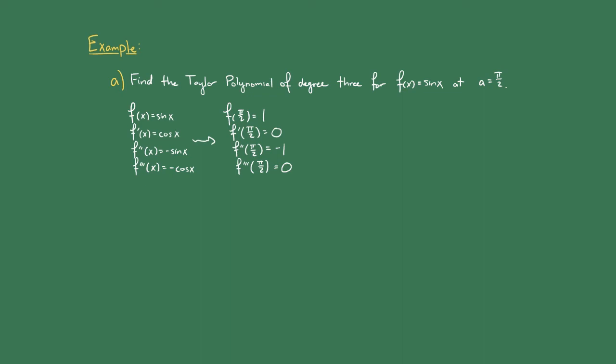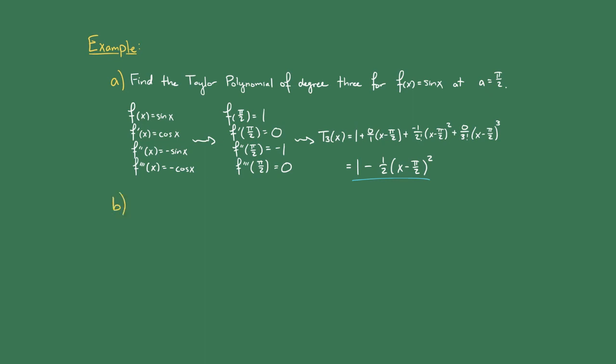Plugging this all into the formula for the 3rd degree Taylor polynomial, we find that T sub 3 of x is equal to 1 plus 0 over 1 times x minus pi over 2 plus negative 1 over 2 factorial times x minus pi over 2 squared plus 0 over 3 factorial times x minus pi over 2 cubed. And if we forget the terms that are 0, we get that this is equal to 1 minus a half x minus pi over 2 squared. And so this is the 3rd degree Taylor polynomial for sine of x at a equals pi over 2.